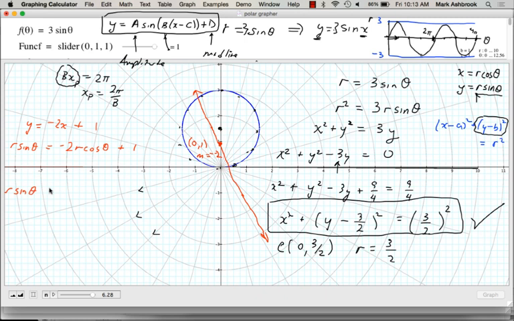So r sine theta plus 2r cosine theta equals 1. Factor out r. So r is 1 over sine theta plus 2 cosine theta.